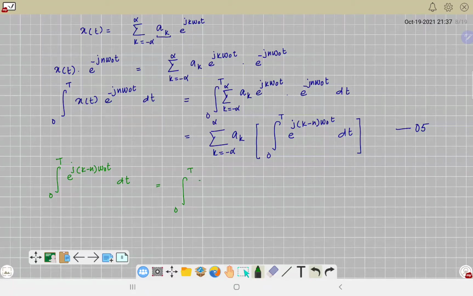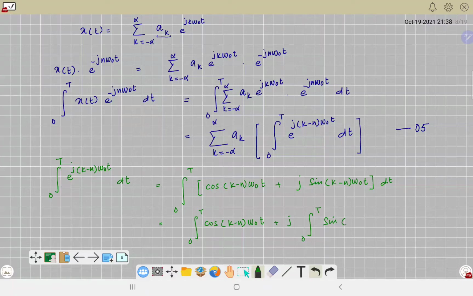So from 0 to T, we will have a cosine component, cos (k minus n) omega naught t, plus j sin (k minus n) omega naught t with respect to dt. So we'll have two integrals, one for the cosine and the other one for the sine.